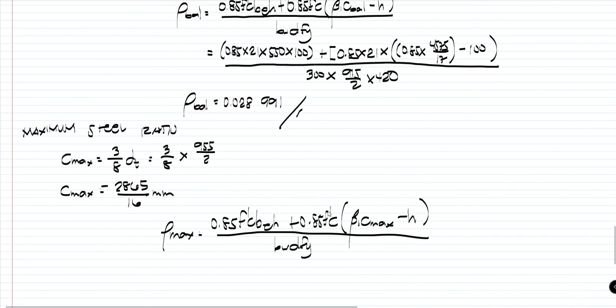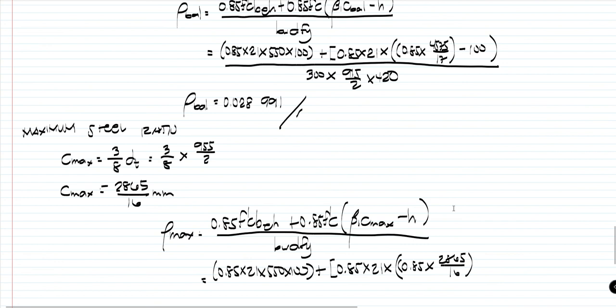So that will be equal to 0.85 times 21 times BE is 550 times 100 plus, so 0.85 times 21 times yung beta 1 natin is 0.85 times C max is 2865 over 16 minus H is 100.